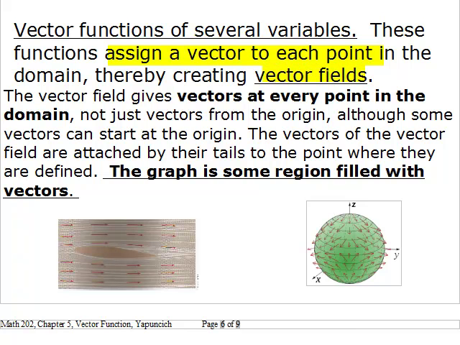Here's an example of a vector field. This is flow around some kind of airfoil. This one right here. The little red vectors that you see here, or the vectors that you see on this sphere, are the vector field. The function gives these vectors.